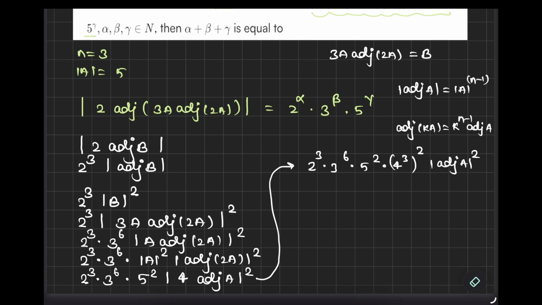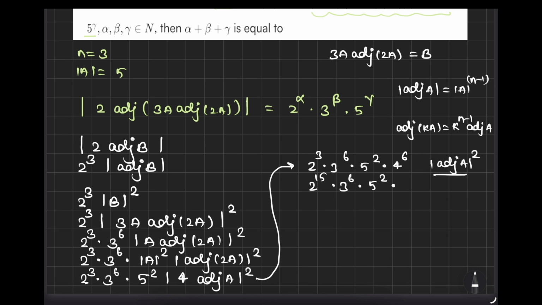And can I write down this thing as 4 power 6? And 4 power 6 can be written as 2 power 12. So this is 2 power 12, 2 power 3. So can I write down 2 power 15, 3 power 6, 5 power 2.